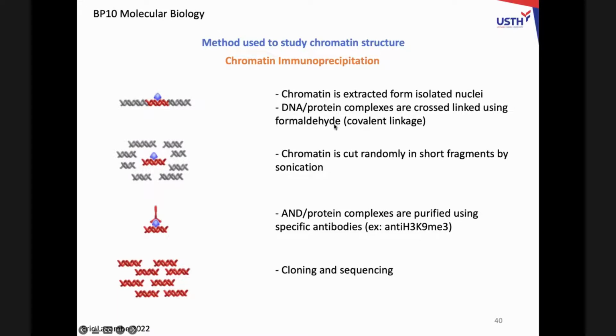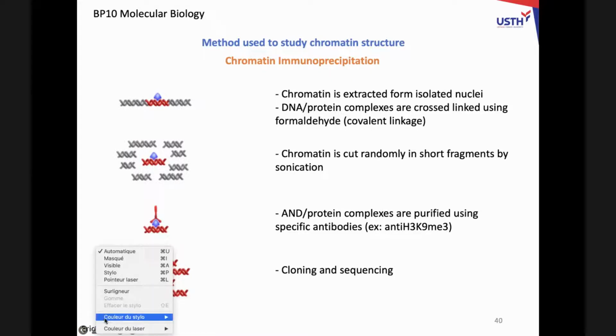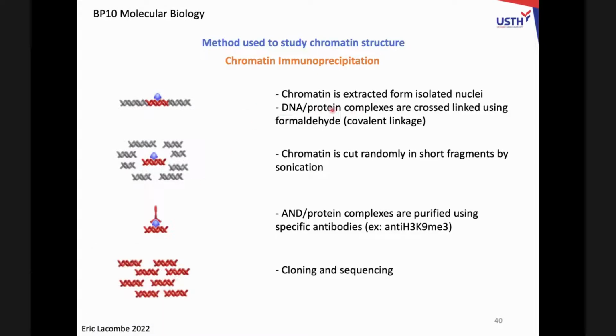Second step, we use this molecule, which is very widely used in microscopy. It's called formaldehyde. Formaldehyde is a molecule that will create covalent links between all the components that are in interaction.